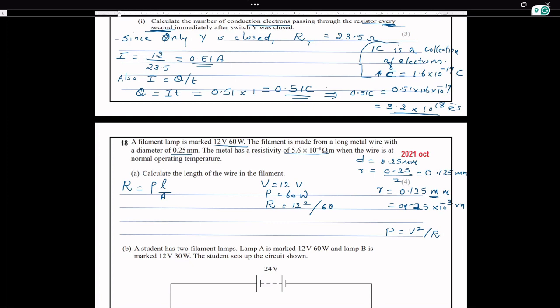So this is giving an answer of 2.4 ohms. So I'm going to use this 2.4 ohms here.